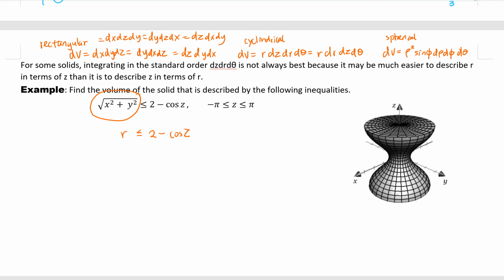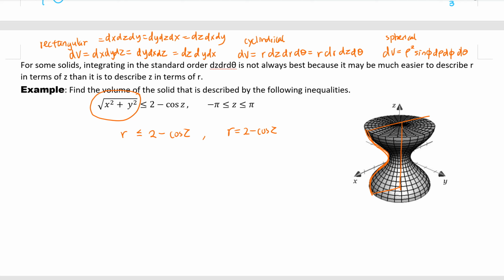So what is r equals 2 minus cosine z? If we look at this solid, this curve is 2 minus cosine z.